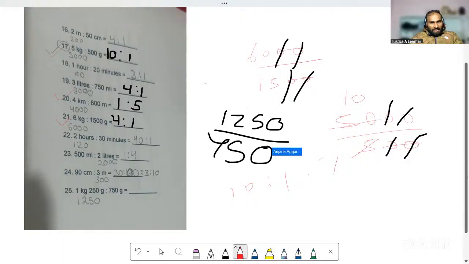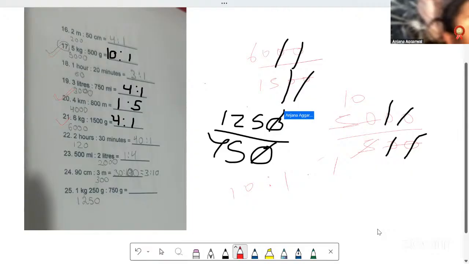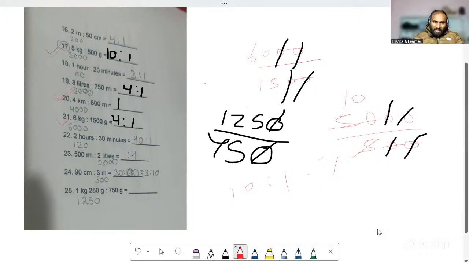Check 20th. 1 and 10. 20th is 1 and 10. No, 10 and 1.